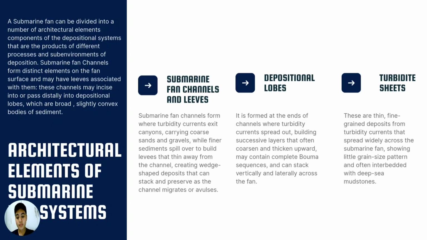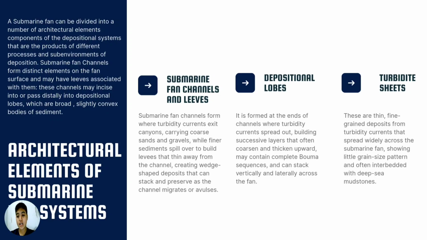First, there are channels and levees. Channels carry fast underwater flows full of sand and gravel, while finer sediment spills over the sides to form levees. Next, at the end of channels, the flow slows and spreads out, creating depositional lobes, widespread areas where sediments build up in layers that get thicker and coarser toward the top.